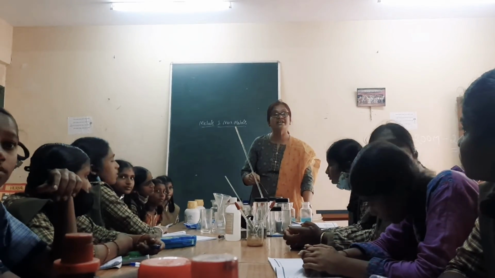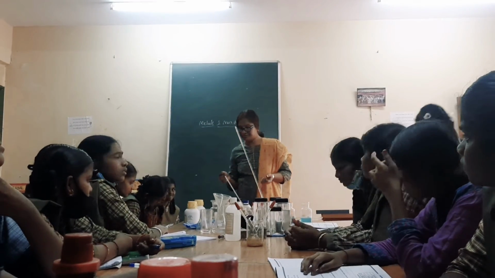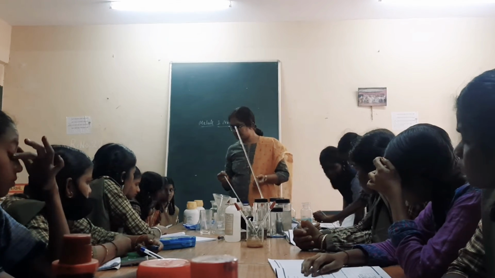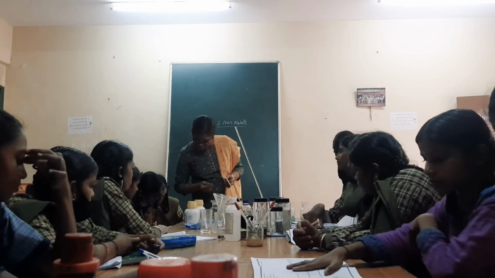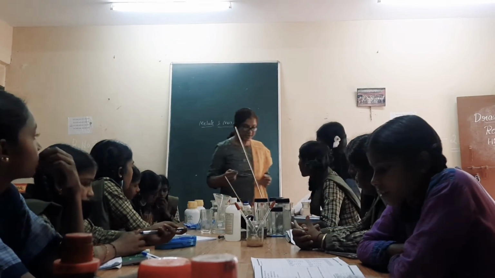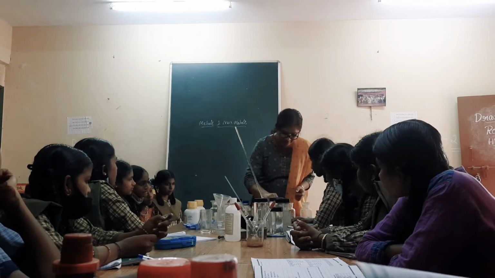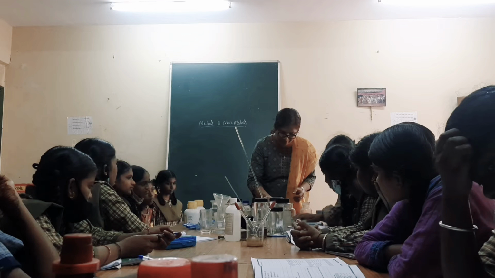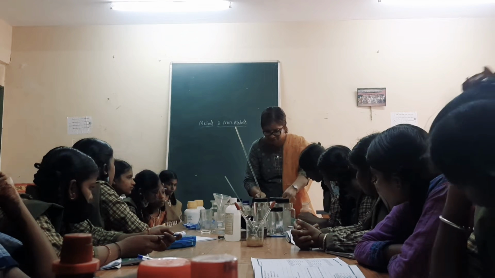And what is there in the third beaker? Zinc sulfate with the copper piece. So this is the third beaker. Now, what happened to the copper when it is placed in zinc sulfate?